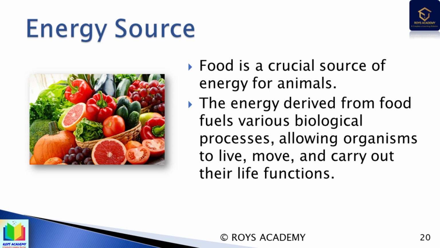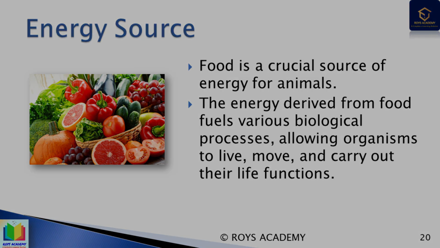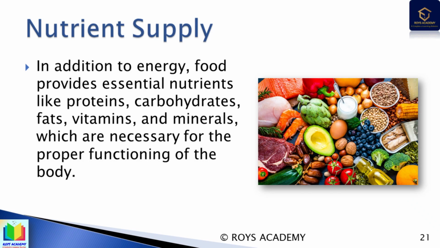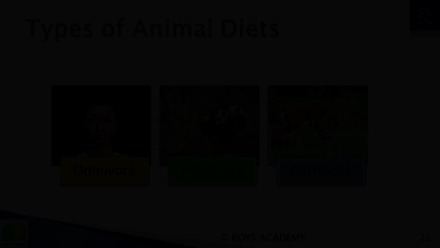The energy derived from food fuels various biological processes, allowing organisms to live, move, and carry out their life functions. Nutrient supply: in addition to energy, food provides essential nutrients like proteins, carbohydrates, fats, vitamins, and minerals, which are necessary for the proper functioning of the body.